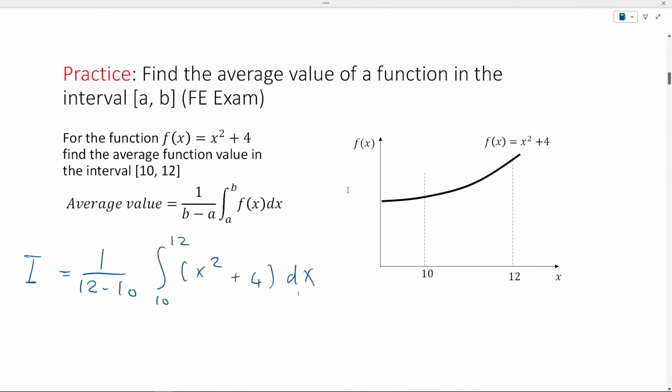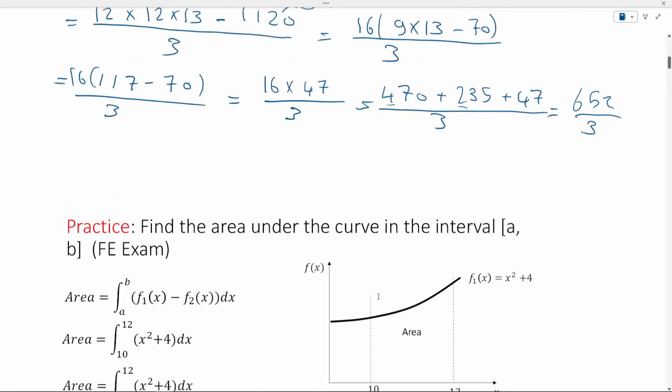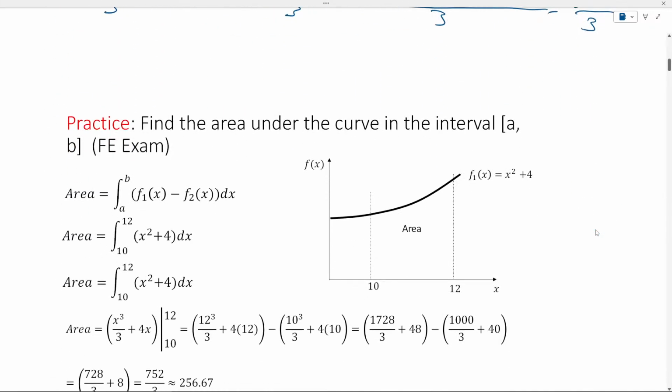Because remember, we can do it again, doesn't hurt. So I will get 1 over 2, because it's the same function as above. And then the integration of this guy would be x cubed over 3 plus 4x, and this is evaluated from 10 to 12. I already know if I evaluated this guy, I will get something that looks like this.